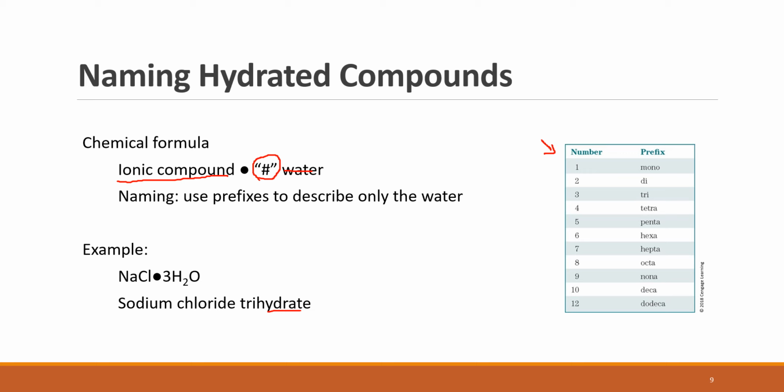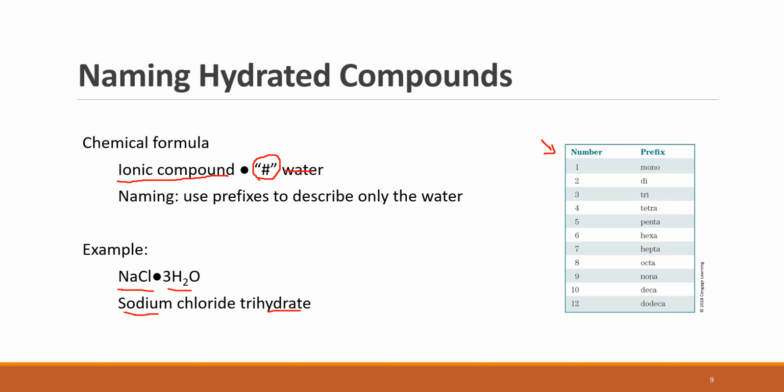So the example shown below is NaCl, and then there's a dot indicating that there are 3 water molecules trapped within its crystalline structure. So we name the ionic compound just like how we would normally. So since sodium is a main group metal and not a transition metal, we don't need the parentheses with the Roman numerals indicating the charge.